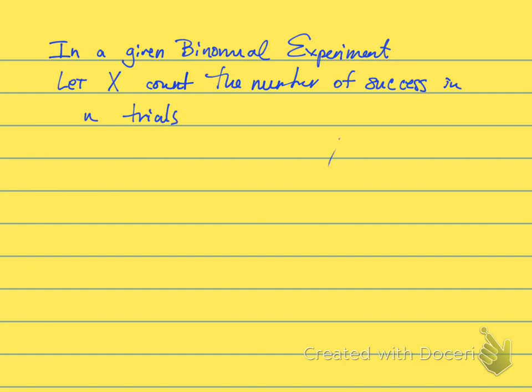So if you're performing the trial 5 times, then x is going to be the number of successes in those 5 times. So what values can x take on? Well, you could get no successes. You could get exactly 1 or 2, all the way up to n. If you have n, that means every trial was a success. And if you have 0, that means no trial was a success.